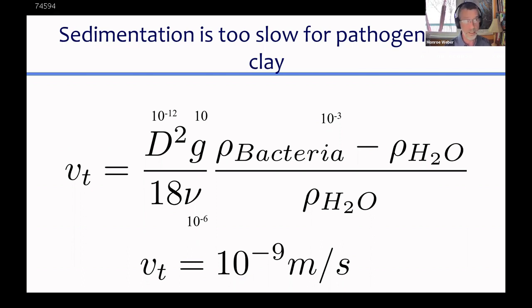So diffusion, molecular diffusion, the fact that water molecules are bouncing around because they've got thermal energy, is moving the bacteria around as well. And that rate is actually faster than this terminal velocity. And that means that diffusion is going to help keep that bacteria cell in suspension, and it's never going to settle out. So that was grim, and it would suggest that if we're trying to remove pathogens from water, sedimentation is not a good option.